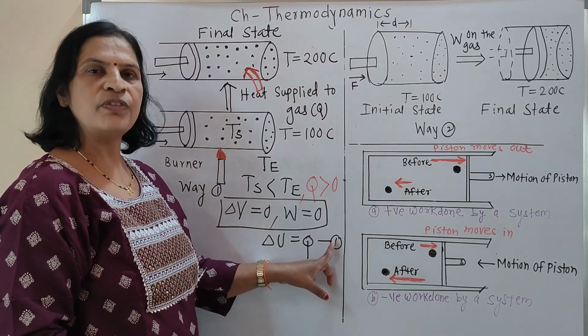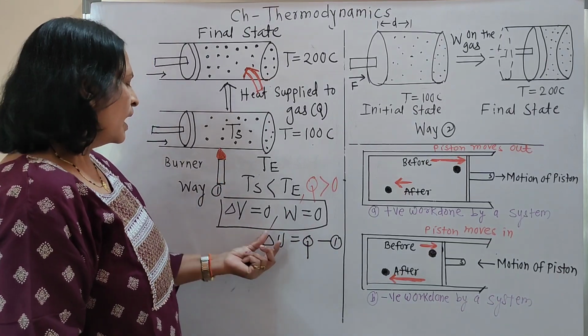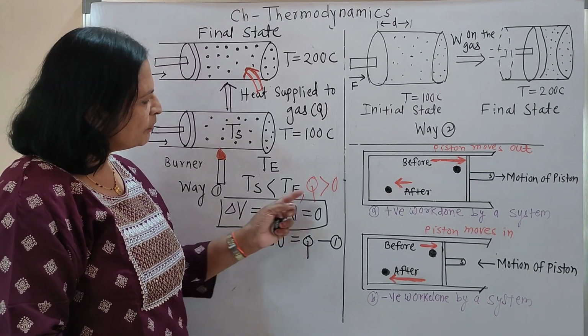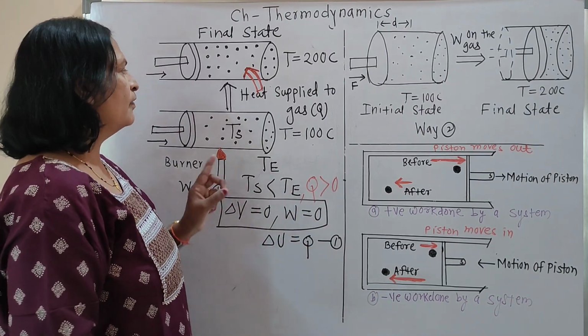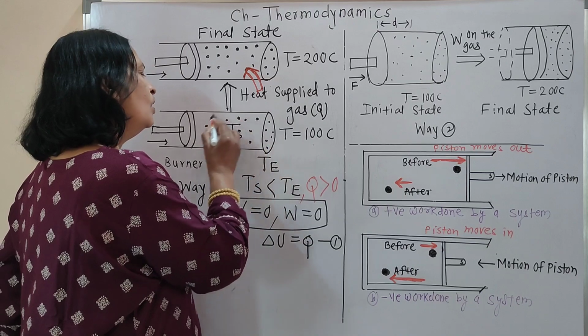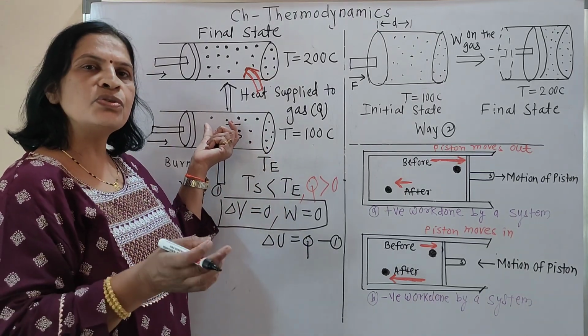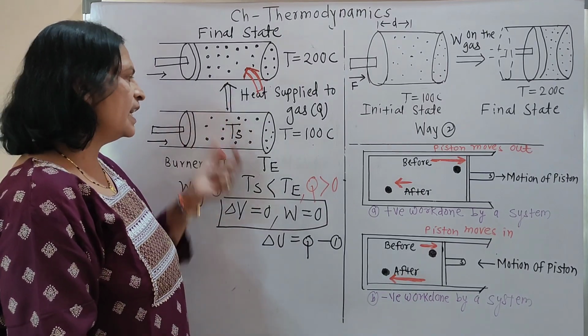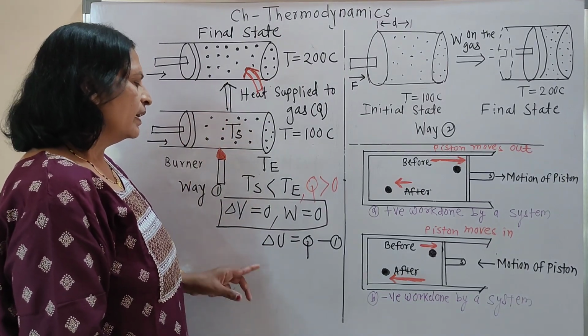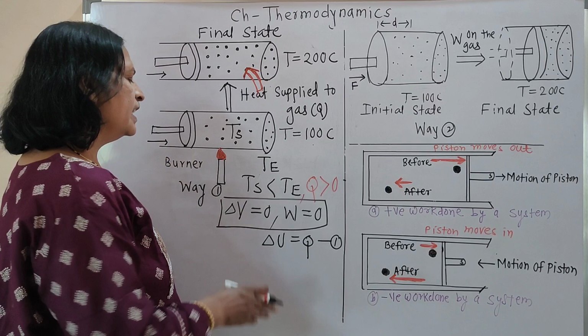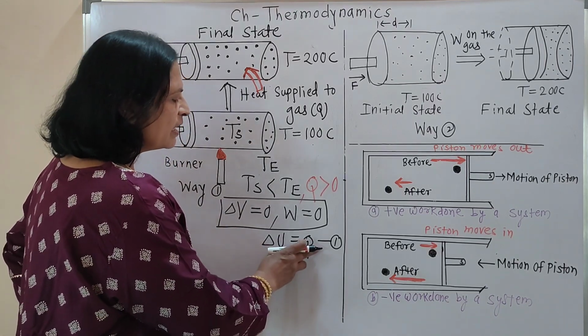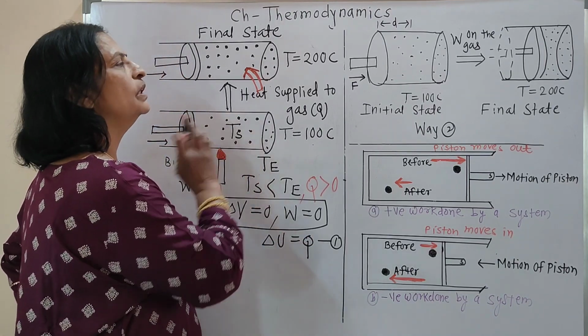This is the first way. Now we have to use this equation in the first law of thermodynamics. When the volume of the system remains constant, this is called the isochoric process. And we can increase the internal energy by supplying heat to the system.